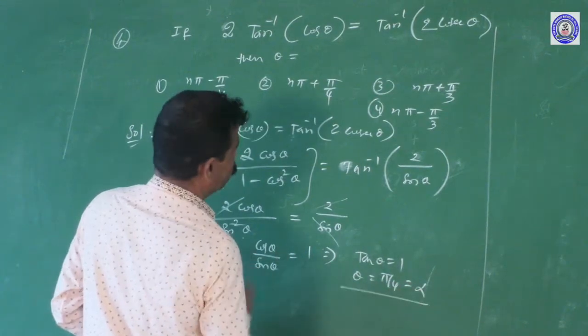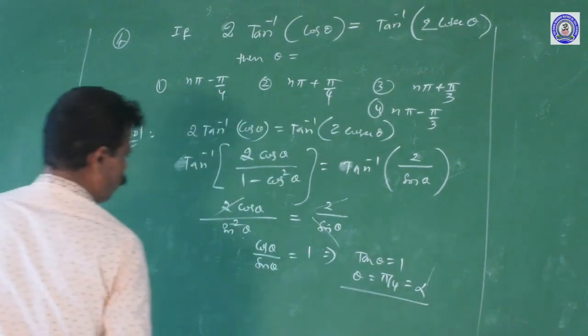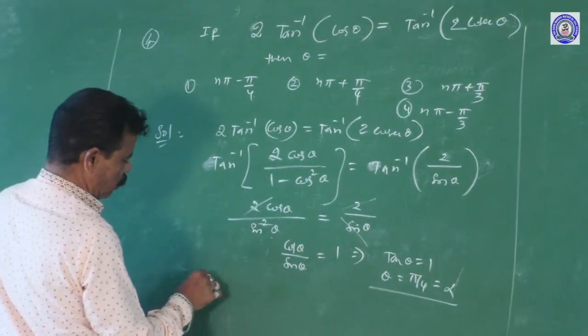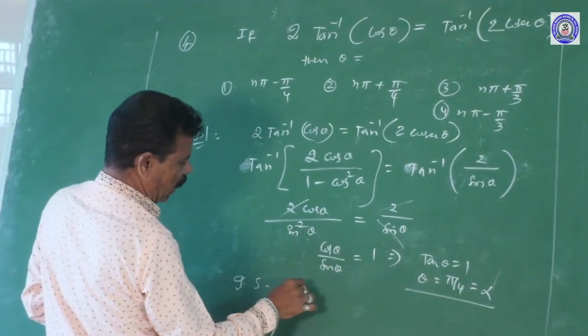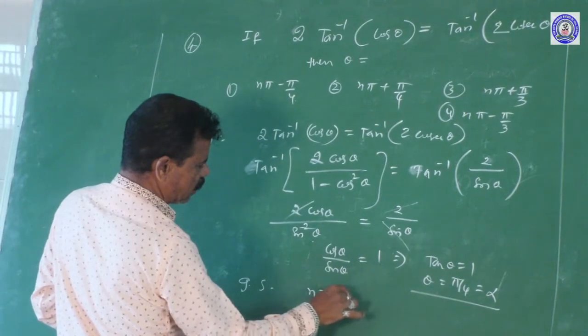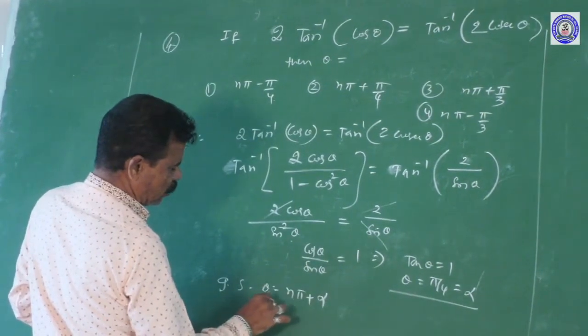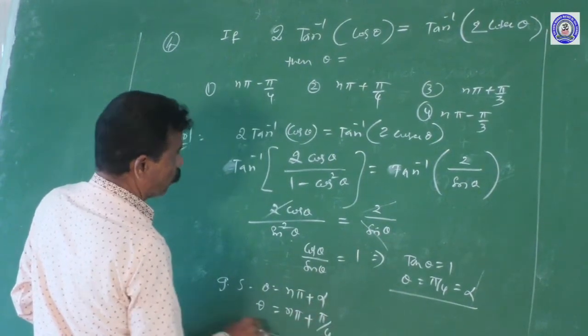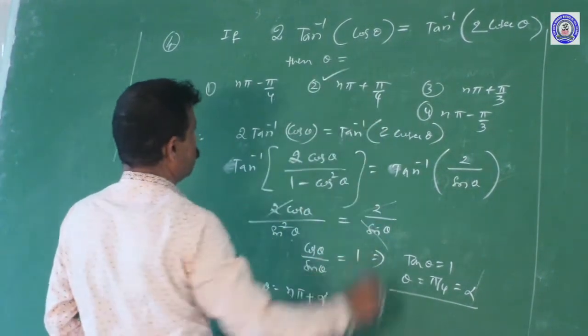This is the alpha, so the general solution for tan is n pi plus alpha, theta is equal to n pi plus pi by 4. The second option is right.